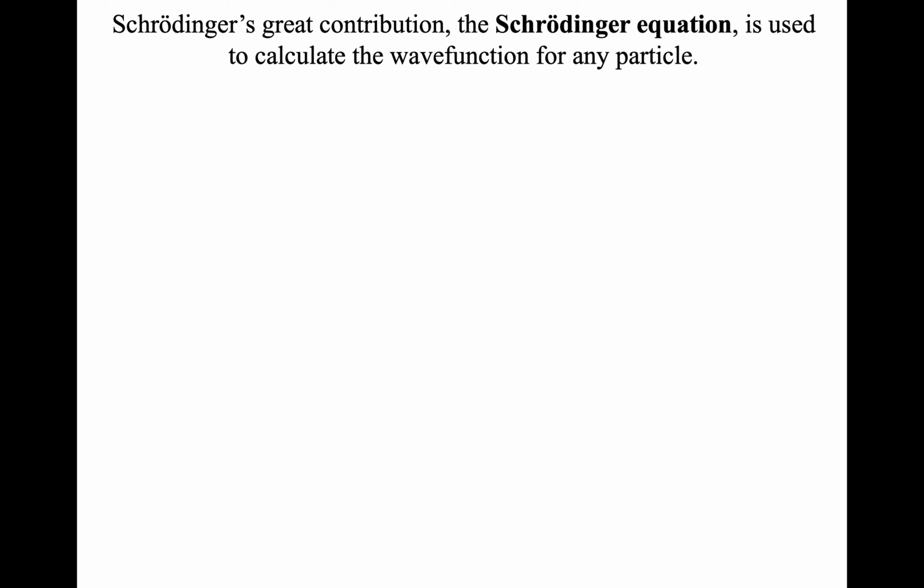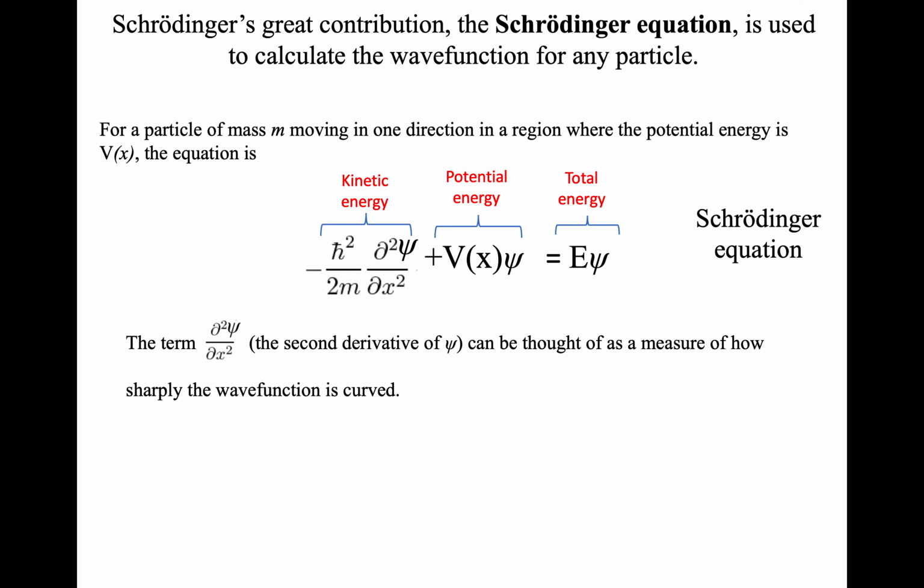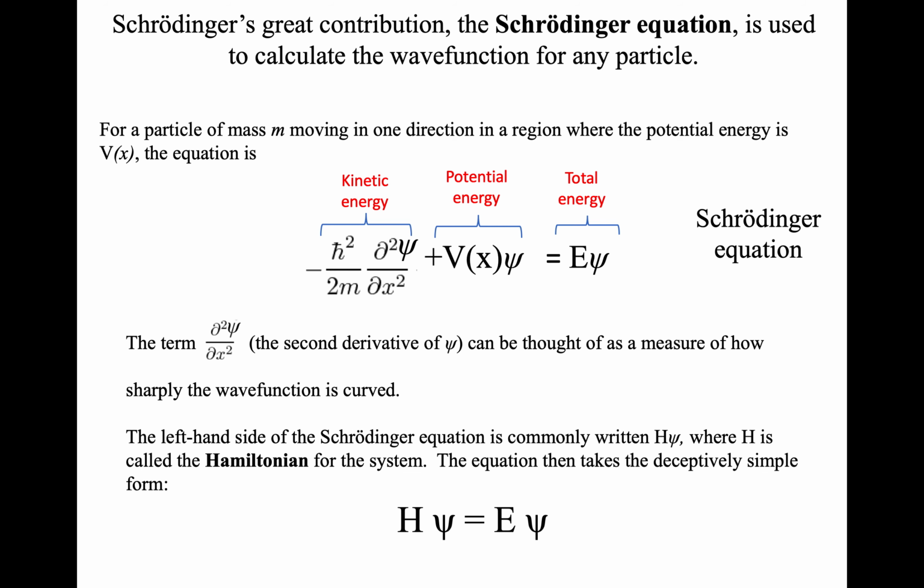Schrödinger's equation is used to calculate the wave function for any particle. Here's an important description showing the Schrödinger equation. Let's look at a couple different features. This equation right here is the Schrödinger equation that has summarized several components to it.